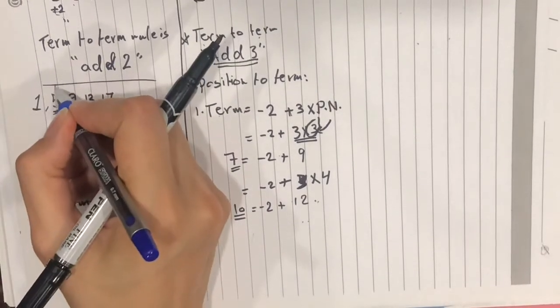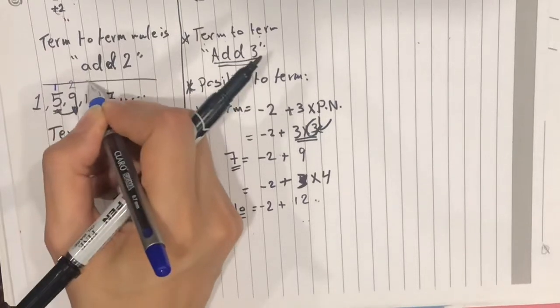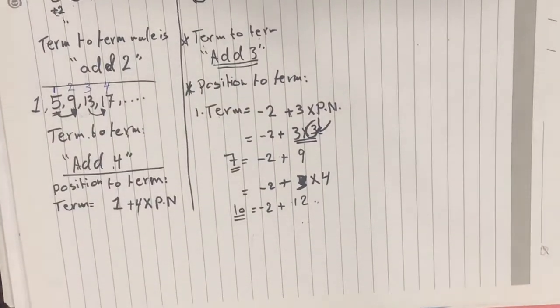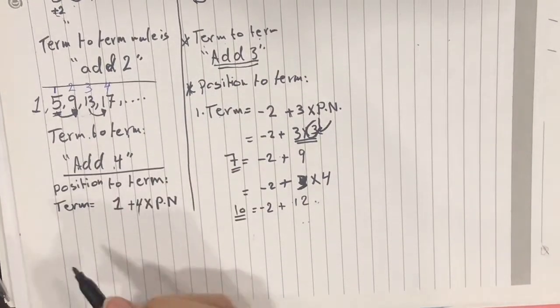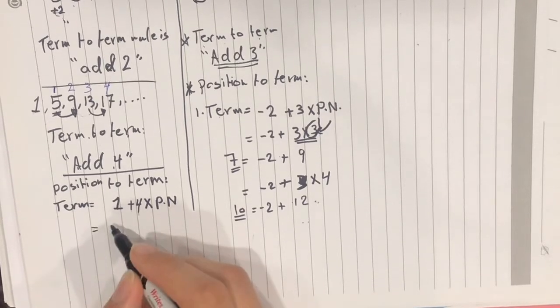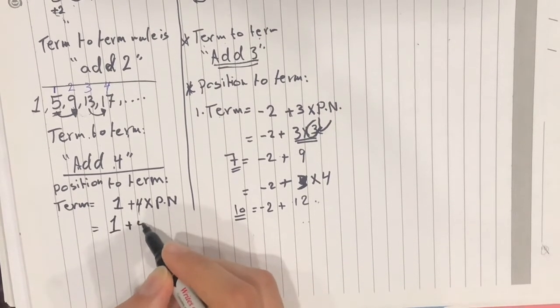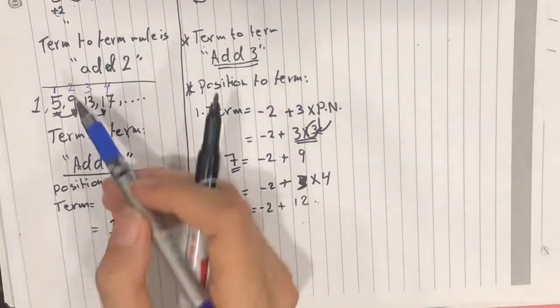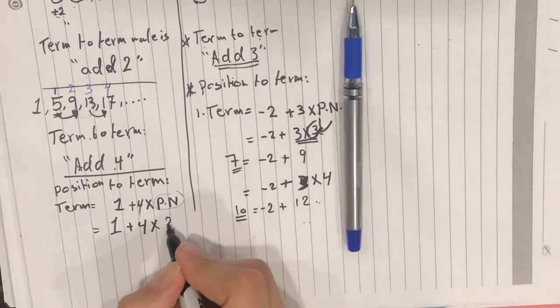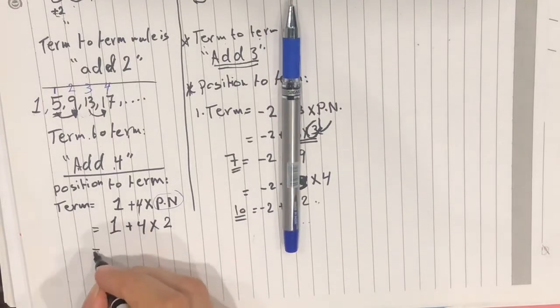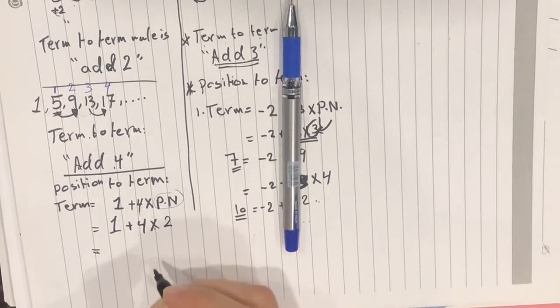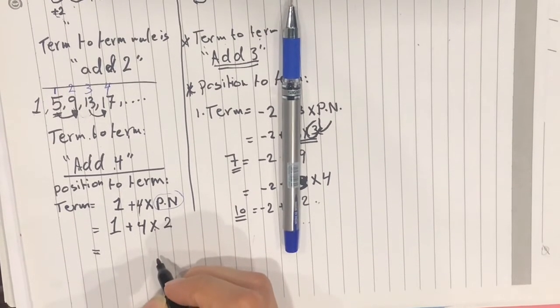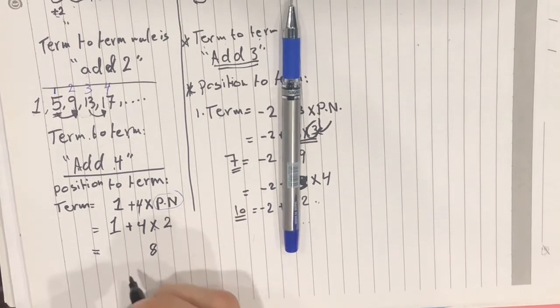This is position number 1, number 2, number 3, number 4. I test it with the second term. I write 1 plus 4 times my position number, which will be number 2. What will my answer be? 4 times 2 equals 8.